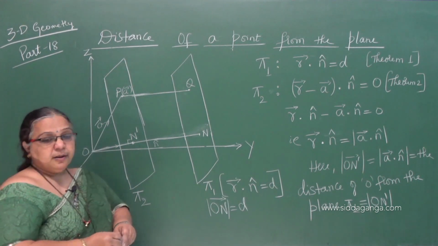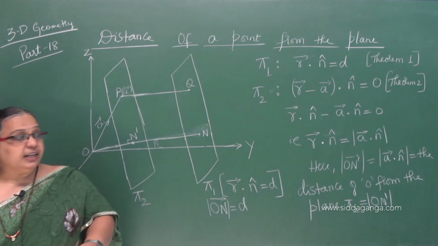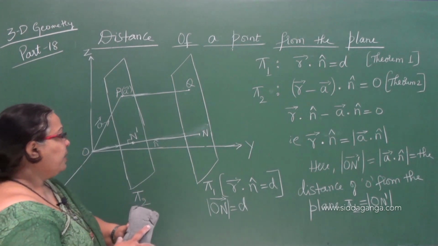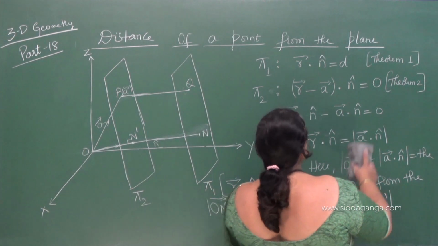So now PQ distance is given by, now we have to erase this again. So let us write here.